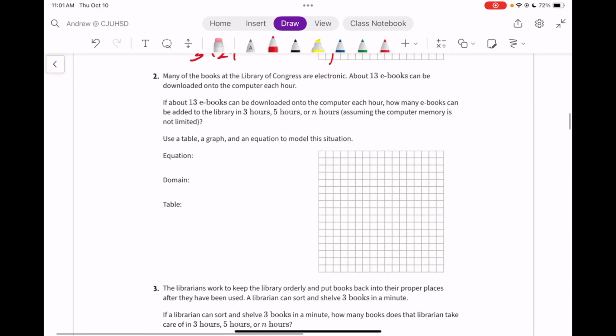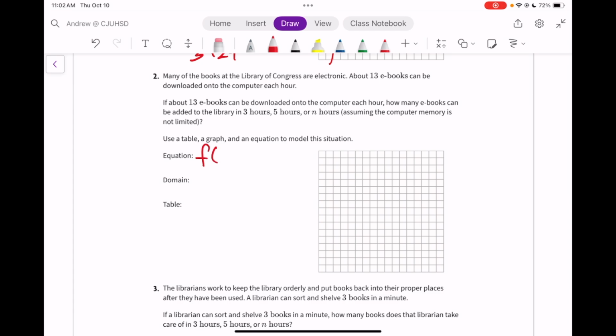Okay, number 2, many of the books are electronic. About 13 ebooks can be downloaded onto the computer each hour. If about 13 can be downloaded each hour, how many ebooks can be added in 3 hours, 5 hours, etc.? That one is going to be continuous.